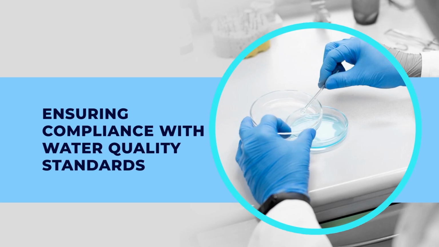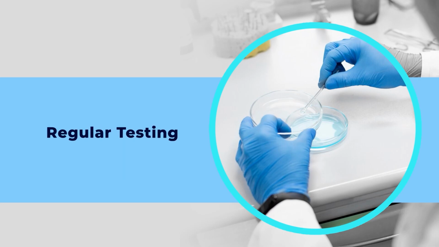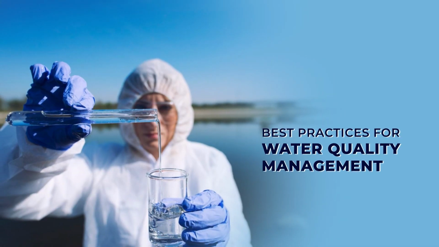Now, how can we ensure compliance with water quality? It is through regular testing and training of the people who are involved in water testing. Proper documentation should be maintained. Audits should also be done, internal and external, to see whether we are complying with the water quality standards or not. And what are the best practices for water quality management?